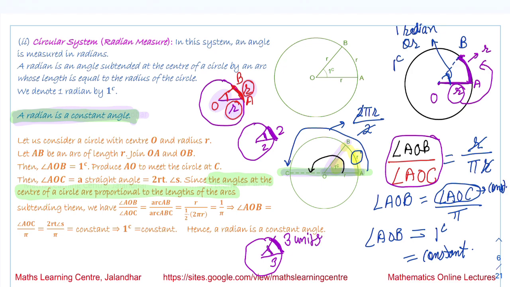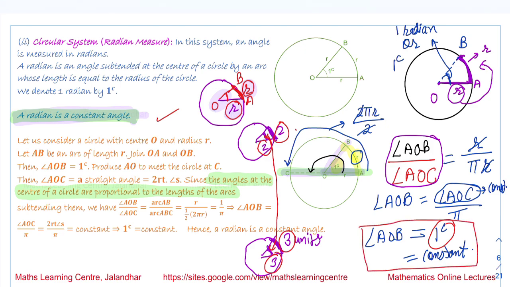Then the angle formed over here, both these angles, are equal to each other. That is the measure of this radian. It is independent of the value of R. This we have proved over here, that angle AOB is independent of the value of R, that is, it is always equal to a constant.